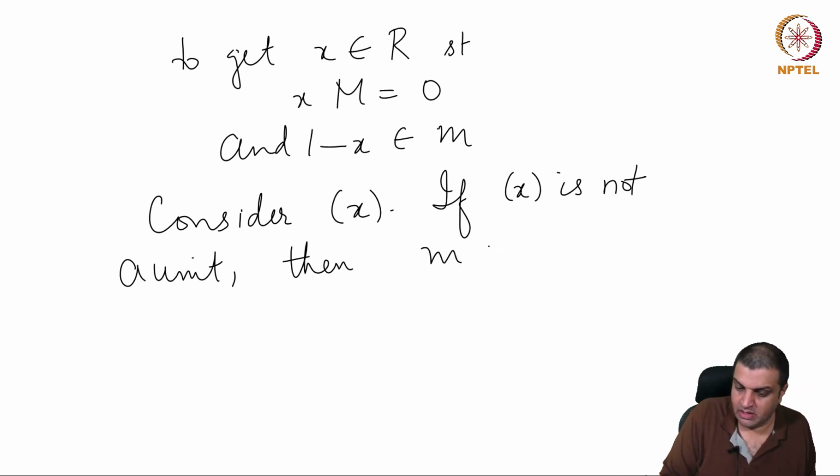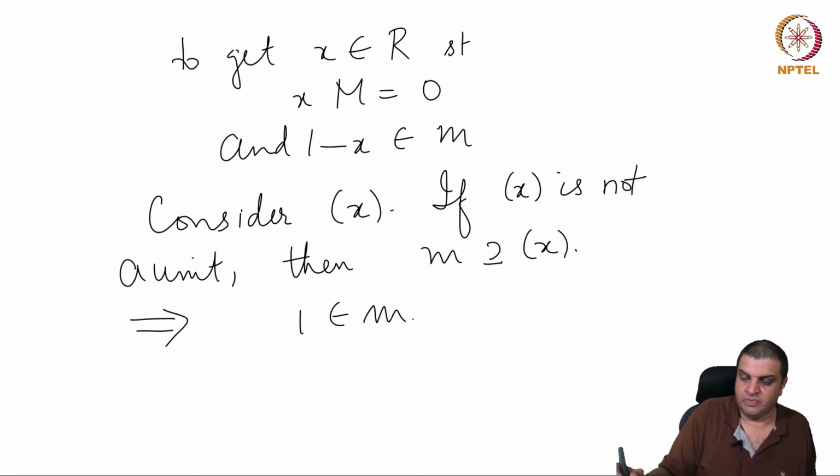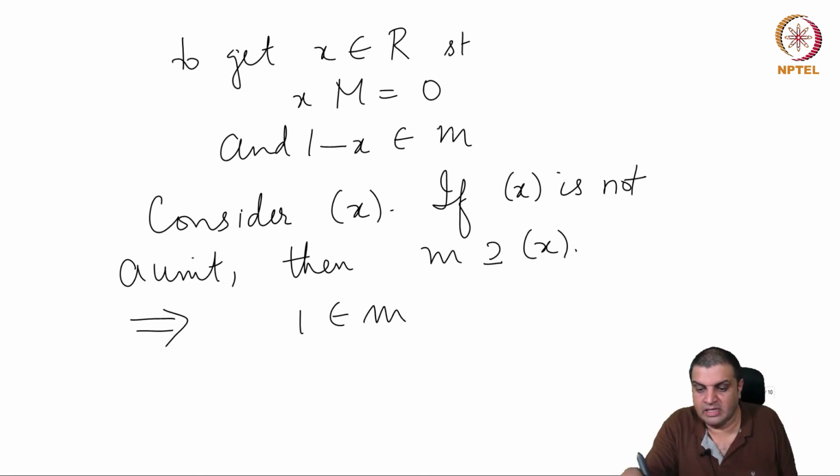Then M contains the ideal X, and this implies that 1 is inside M. Every proper ideal is contained in a maximal ideal. If X is not a unit, then X is not invertible, then this is a proper ideal, and it must be inside the maximal ideal, therefore the unique maximal ideal, and therefore from this expression we get 1 is inside M. This is a contradiction.